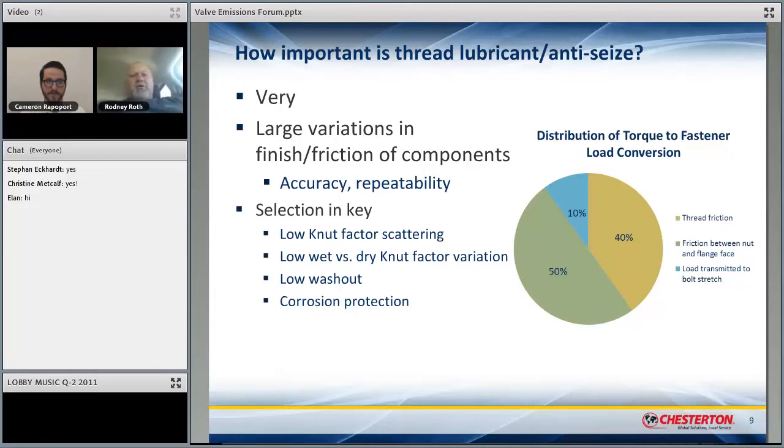They may not have used a really good anti-seize, but they use something. But with valves, the anti-seize is much more important, and the use of quality anti-seize is exponentially more important in a valve, because valve maintenance requires continually retorquing of the gland flange studs.